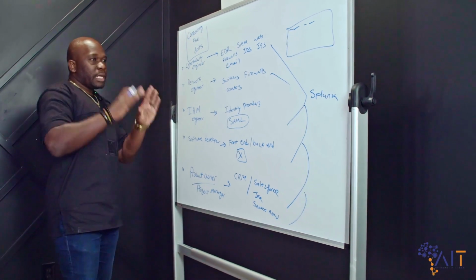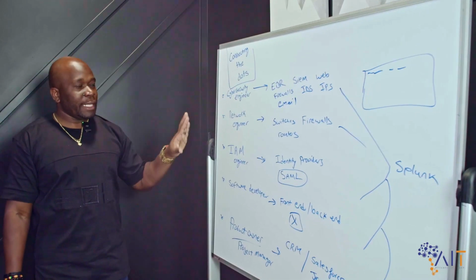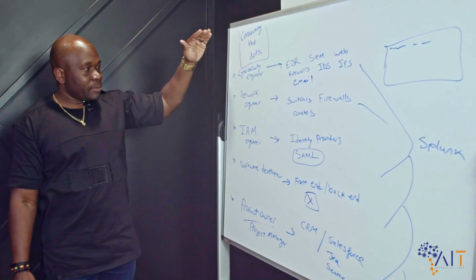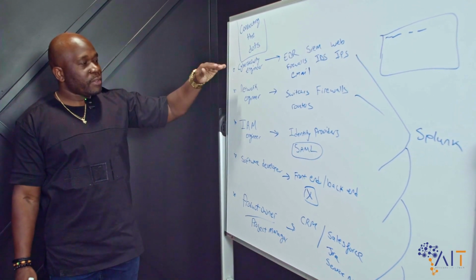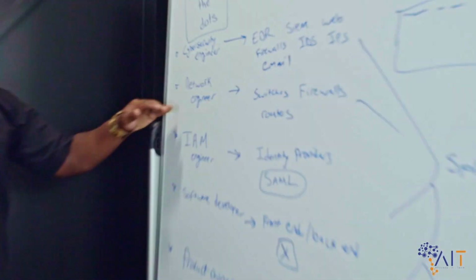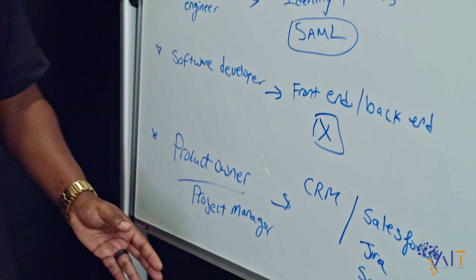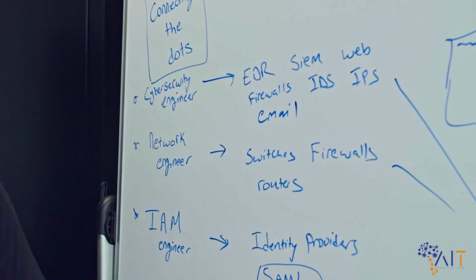So, quick overview again. Connecting the dots is the theme. We have a list of different types of engineers that work within a company: your cybersecurity, network, IAM, software developers, and your product owners. These folks have a bunch of different tools that they work with.